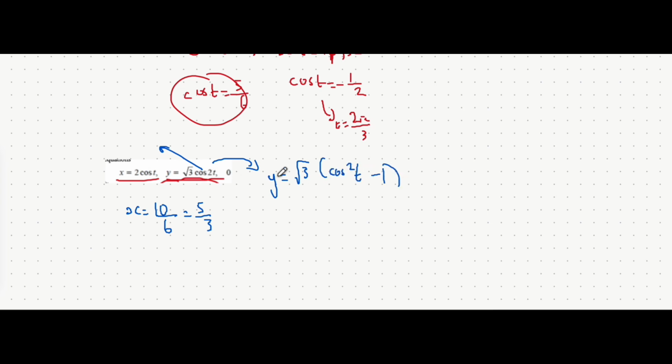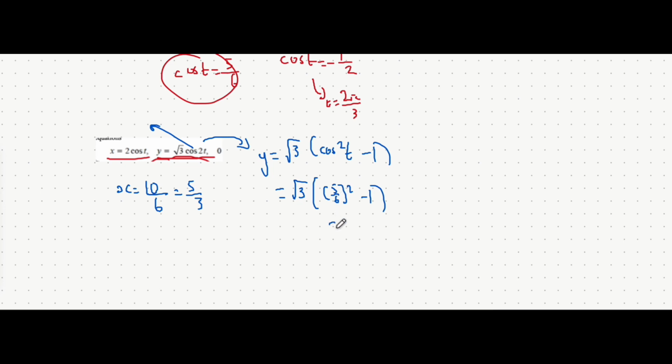But you can replace cos 2t with 2 cos squared t minus 1. And you can say this is root 3 multiplied by 2 times cos t, which is 5 over 6, all squared, minus 1. We couldn't replace it before because there was an angle of 2t, and you can't just manipulate that by doubling it.